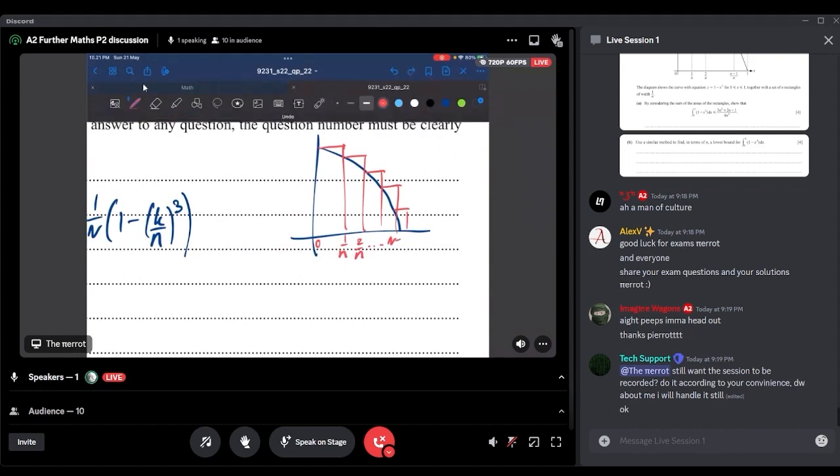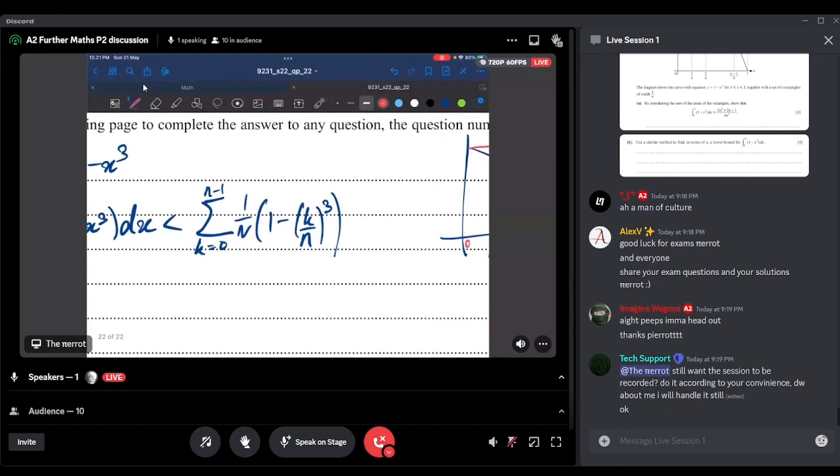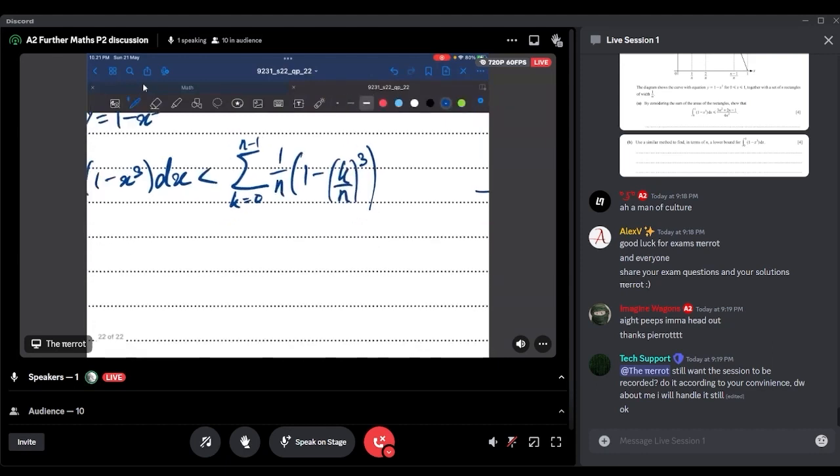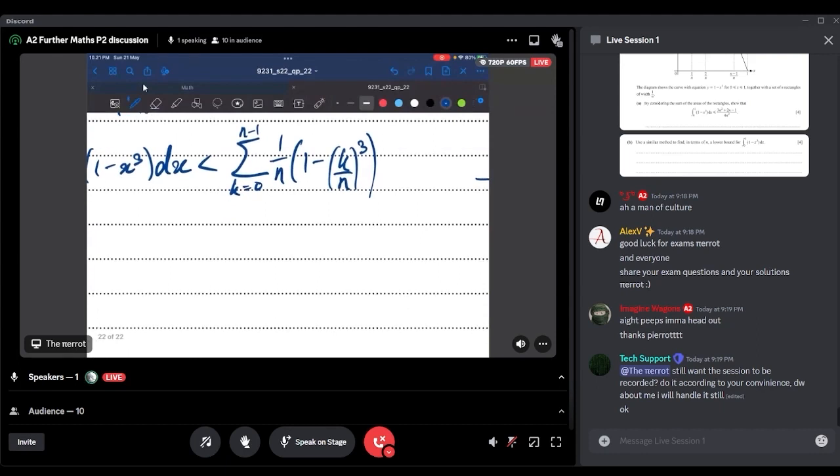Okay, so now let's solve it. I can factor out the 1 over n. Then we take the sum of these, 1 minus k cubed over n cubed. First of all, this one just becomes n. There are n terms here, not n minus 1 terms. Be careful about that.